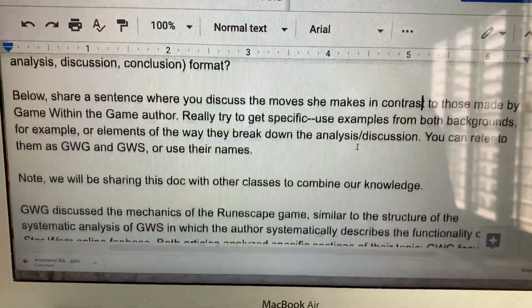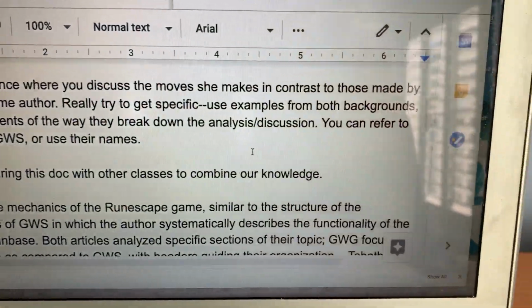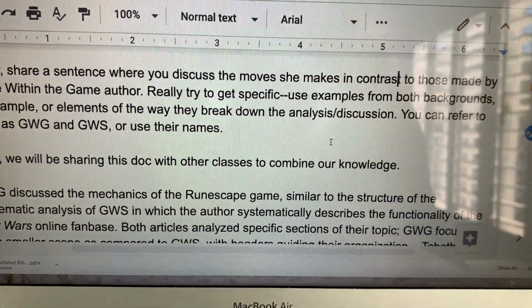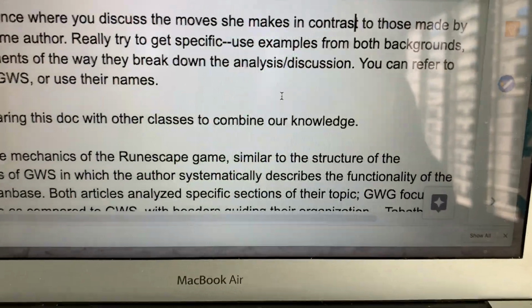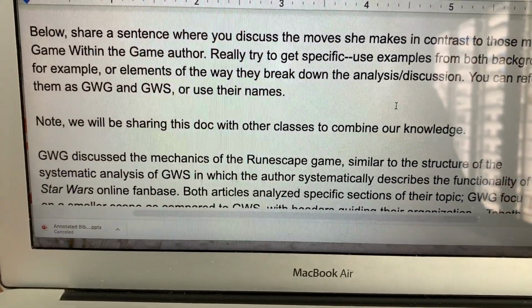Oops, typo. It's always good to relook at our work. Okay, so really try to get as specific as you can. You want to use specific examples from both, or look at the elements of the way they break down the analysis and discussion, like what kind of headers do they use, how many sources do they use, what are some interesting things.